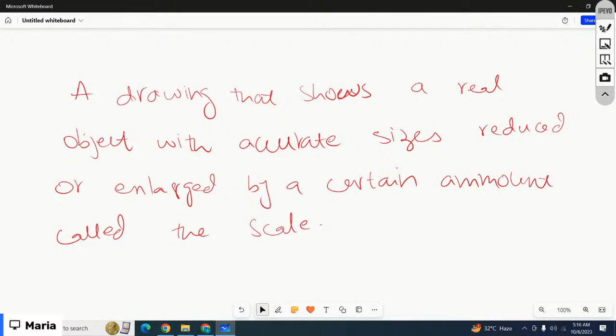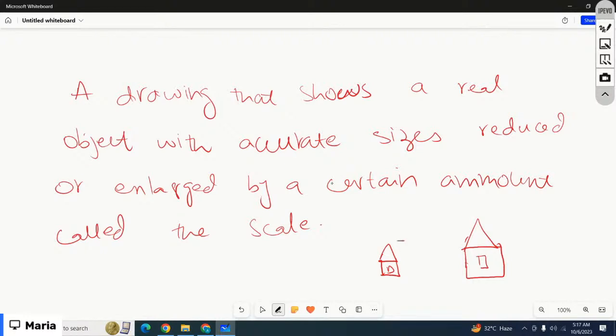For example, you have a house. That is the original one, right? And that was the one, scaled one, right?